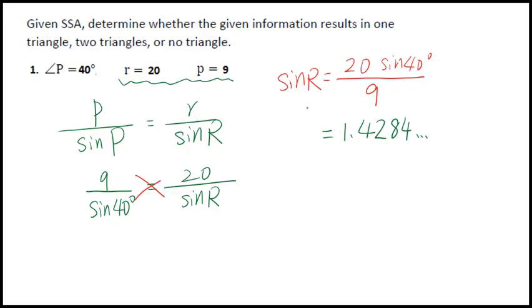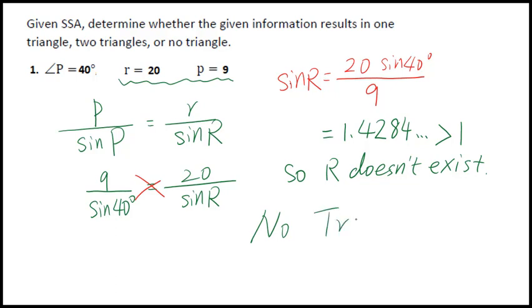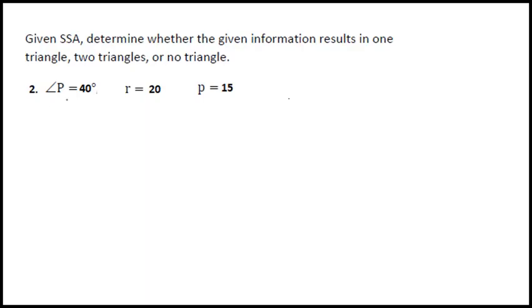We will write down sine R equals 1.4284 and so on. This is greater than 1. So R doesn't exist, which means no triangle for this SSA pattern.